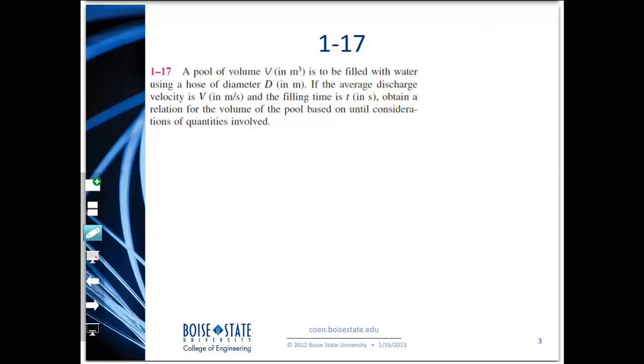Okay, so we know that V has the units of meter cube, and we want to write this as a function of t, which is in seconds, d, which is in meters, and the velocity.